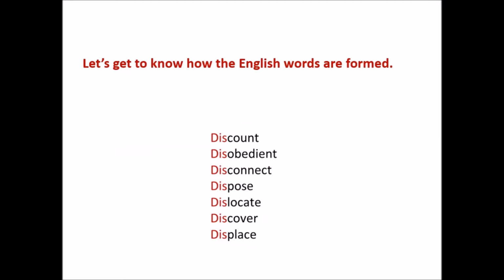You can see a root word there, count, and we have added a few letters to the base word. Obedient, disobedient, connect, disconnect, pose, dispose, locate, dislocate, cover, discover, place, displace. Here also we have added a few letters to change the meaning of the root word or to reverse it.